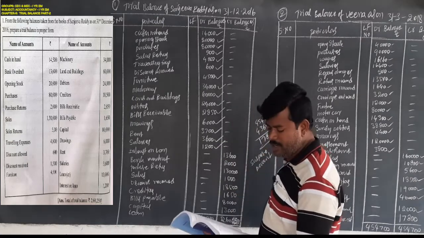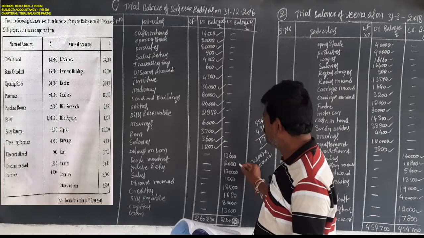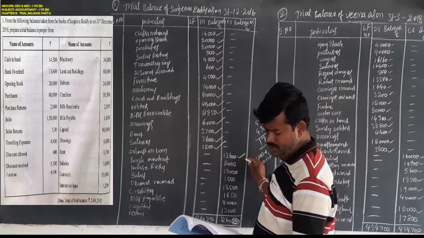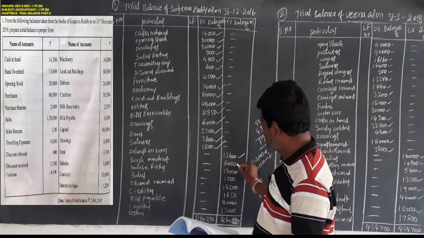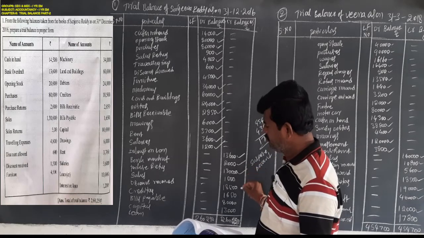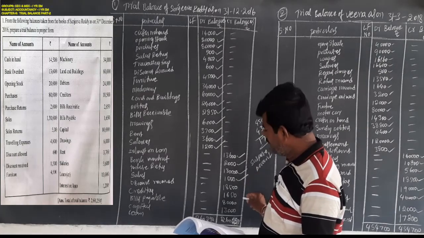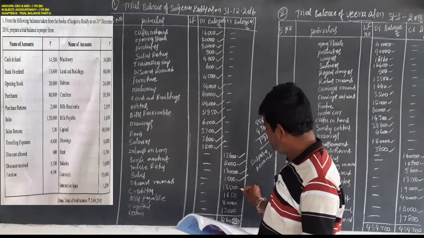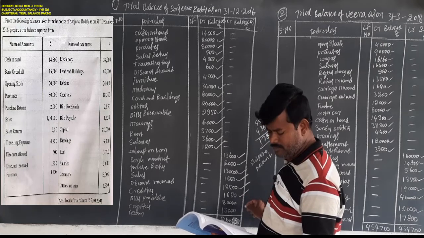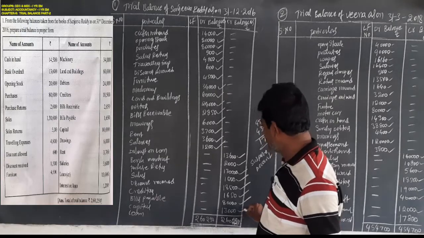And come to the credit side one by one: first bank overdraft credit side, next purchase returns credit side, sales credit side, discount received credit side, creditors credit side, bills payable credit side, capital credit side, loan credit side.